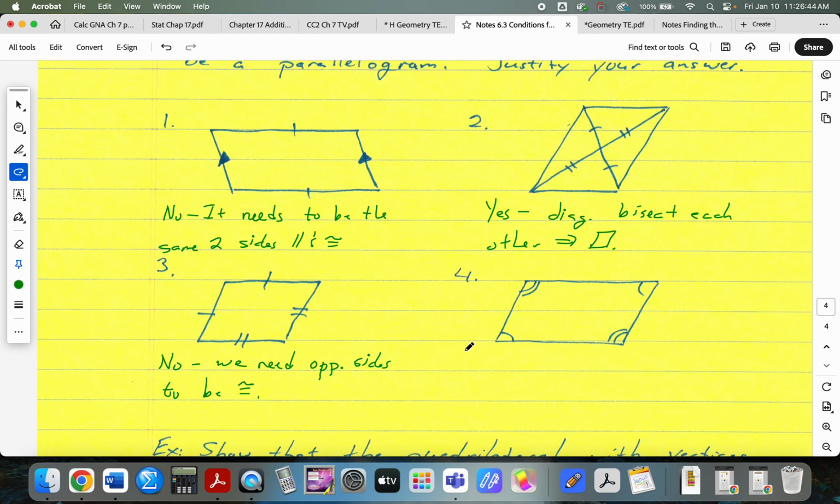Yes. Yeah. Why? The opposite angles are congruent. Yeah, both pairs of opposite angles are congruent. That implies that it's a parallelogram.